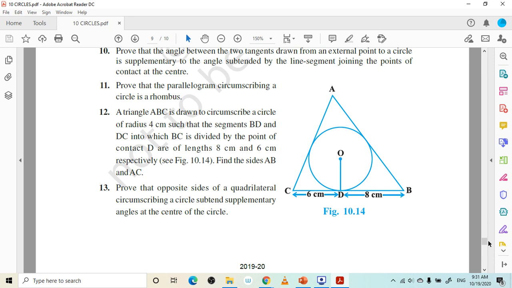Okay. Finally, have you checked, Samir? Who said we have to solve the 12th question? It is in the syllabus, not removed.